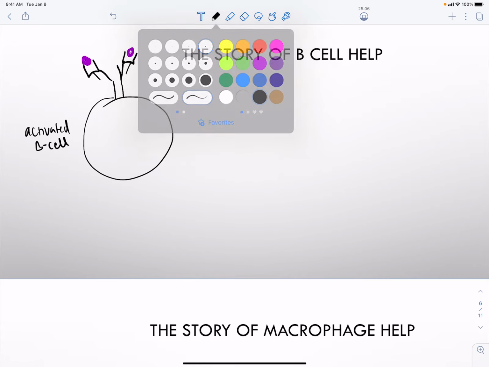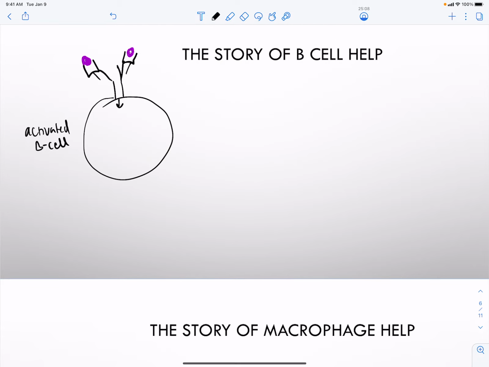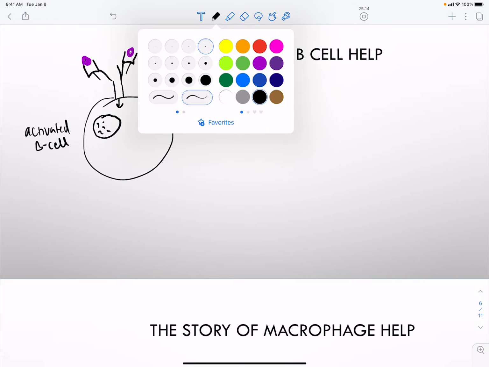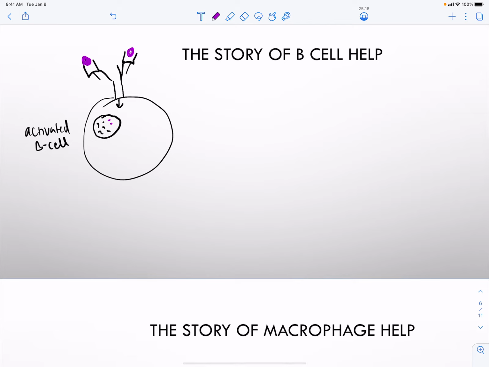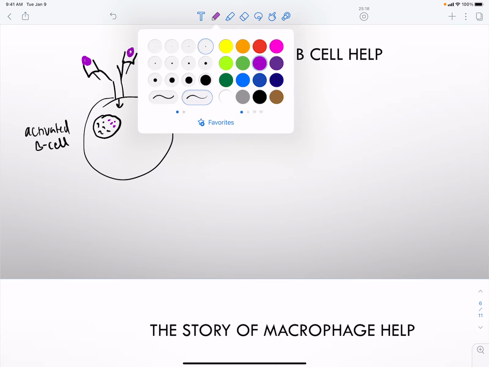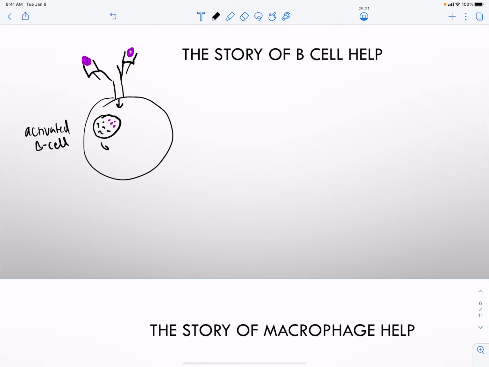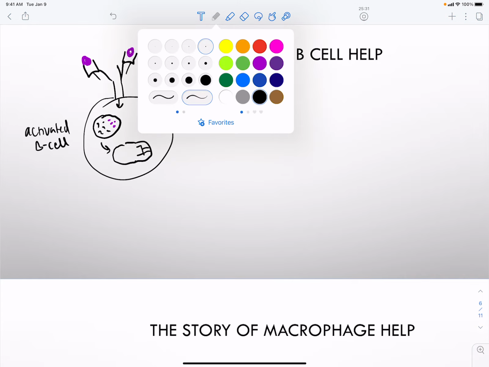And basically, the B cell is going to internalize this whole complex, chop it into pieces. So you'll have the B cell receptor, you'll have the antigens in purple. This is going to fuse with a vesicle that contains MHC class II. And so you'll get fusion of the two vesicles. So you'll have these peptides.